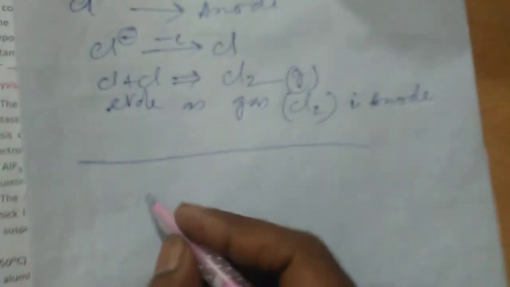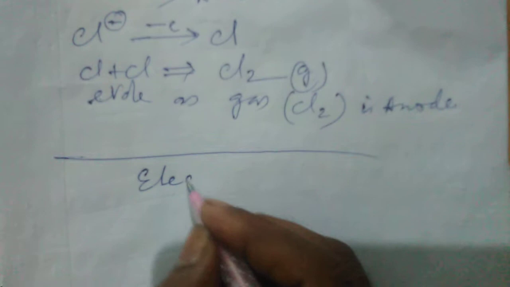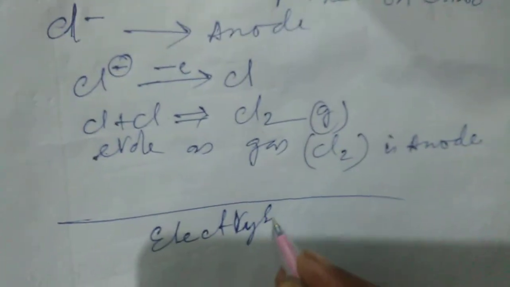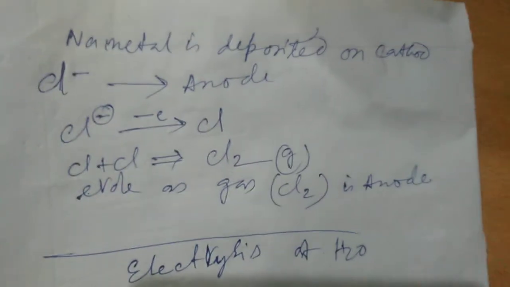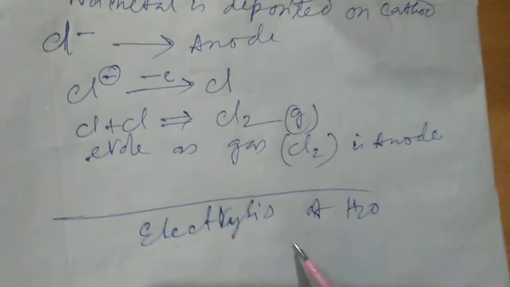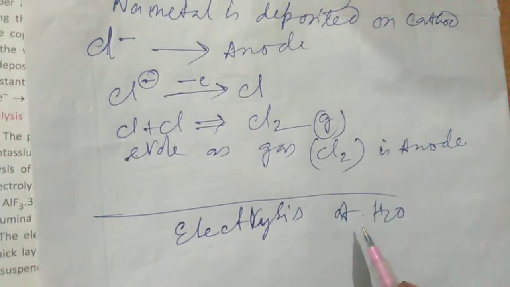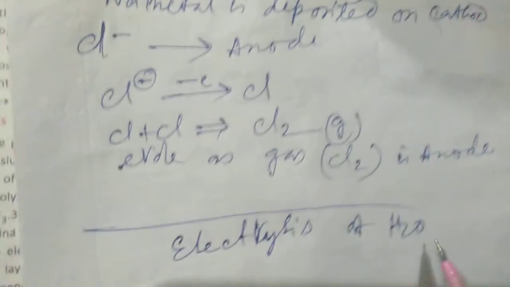Now we will come to one important electrolysis process, that is the electrolysis of water. You know, pure water is not a good electrolyte, or pure water does not conduct electricity.